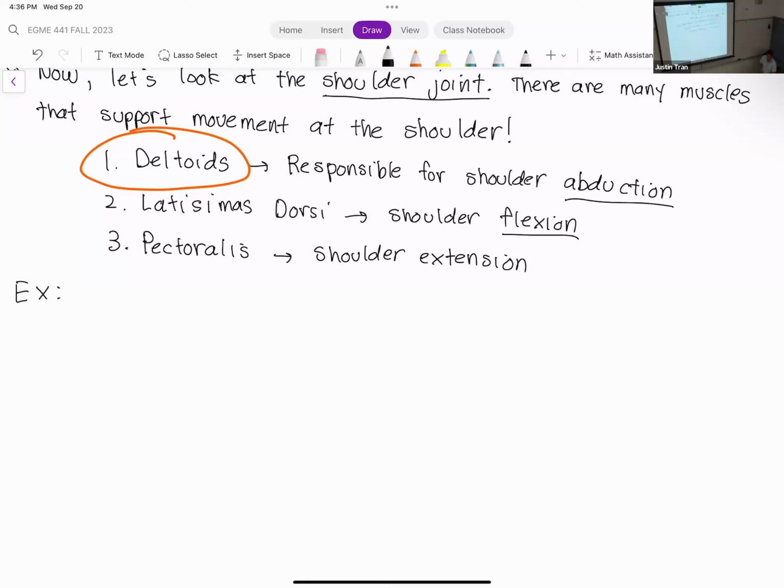So for this example, let's consider an arm that is fully extended. And just like the previous example, we're going to assume that we're holding a weight at the very end of the arm.